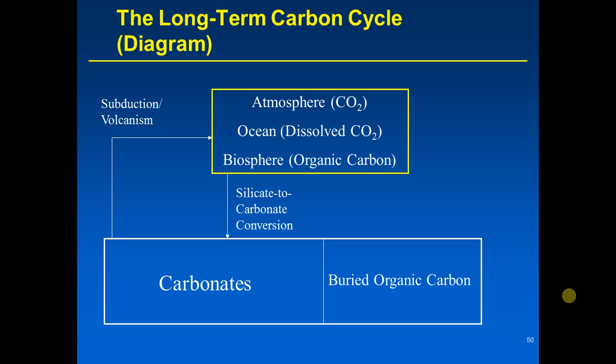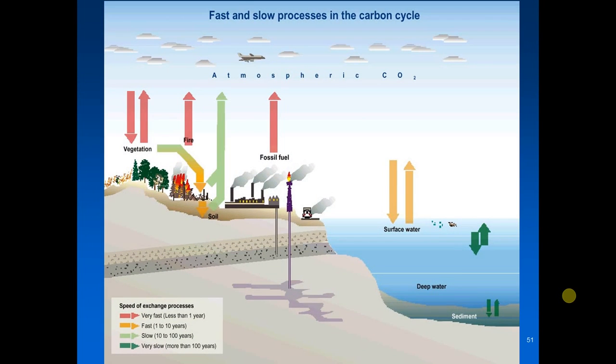And carbon in the atmosphere, ocean, or biosphere can be buried underground through organic carbon burial, and then over hundreds of millions of years, the buried organic carbon can be oxidized and put back into the atmosphere, where it can then dissolve into the ocean or be taken in by the biosphere.